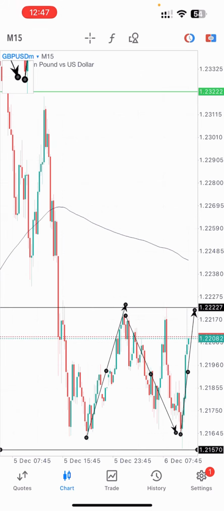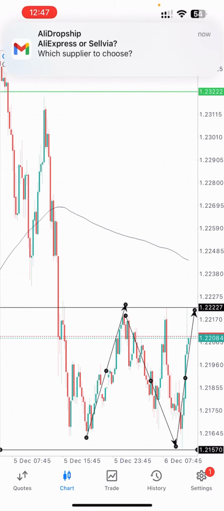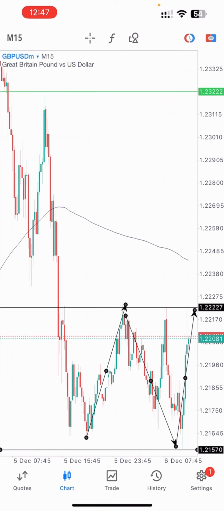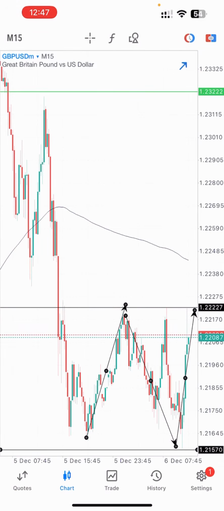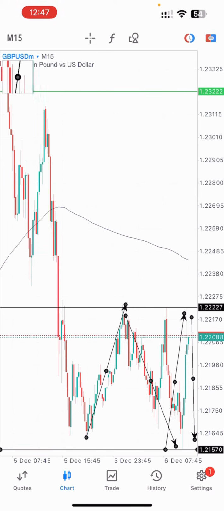So it has done it like 3 times. Got here, came down here, got here, now it's coming down again. It has gotten to this point and now it's coming down again. So let's watch and see if it will come down again.